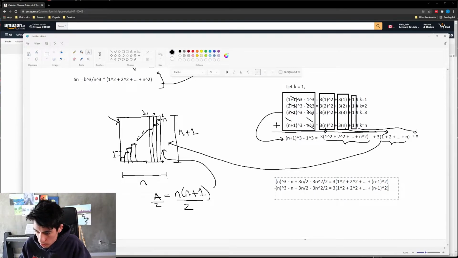We'll continue this pattern, and then 3n over 2. This is a square term, so we can't combine it, but we can combine this. So it's negative n plus 1.5 n. And that will just yield half n over 2.